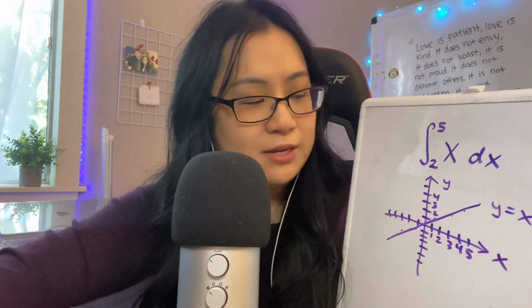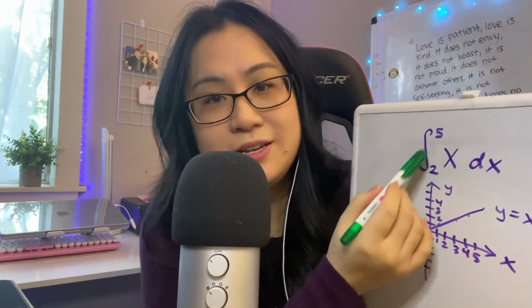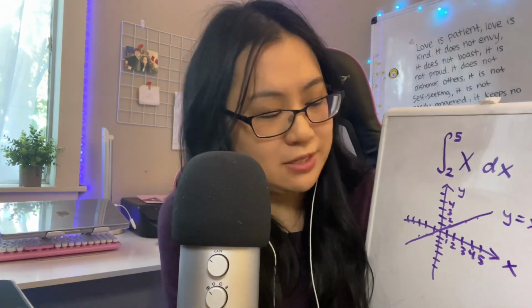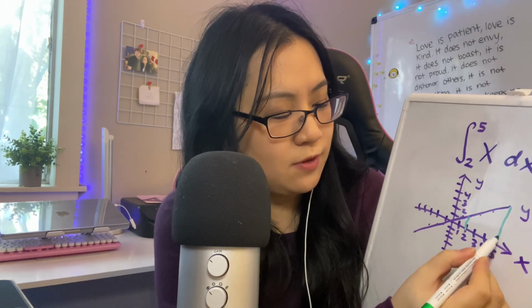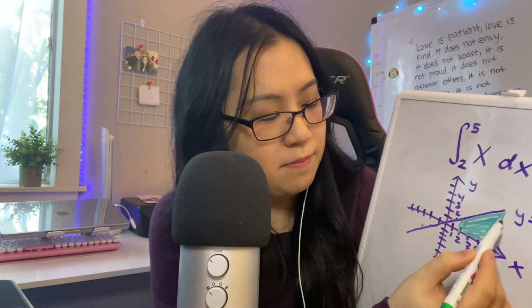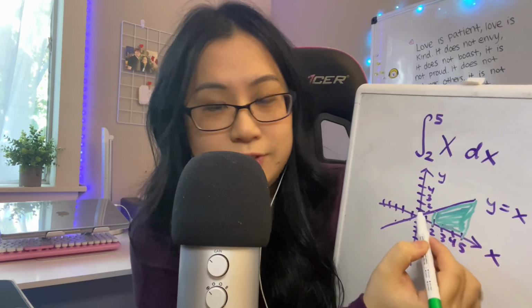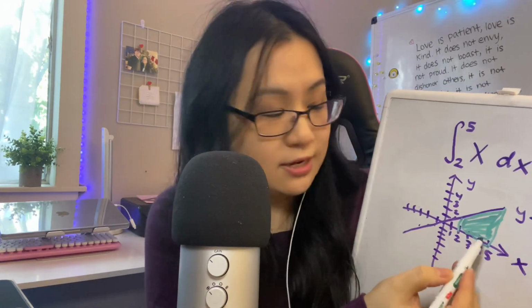But for today, our domain is from 2 to 5, so it's all positive there. So from 2 to 5. Okay, so I want to find the area between my curve, in this case just a straight line, and the x-axis.